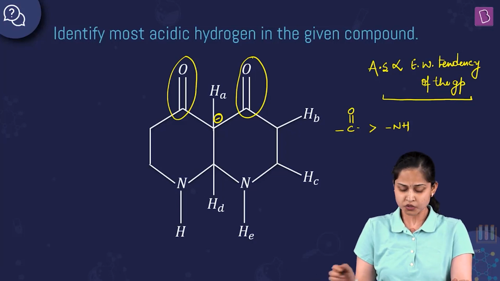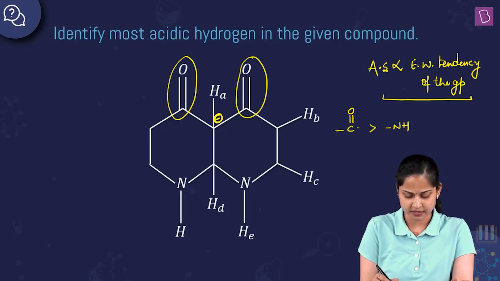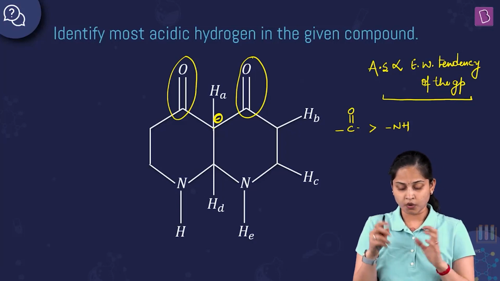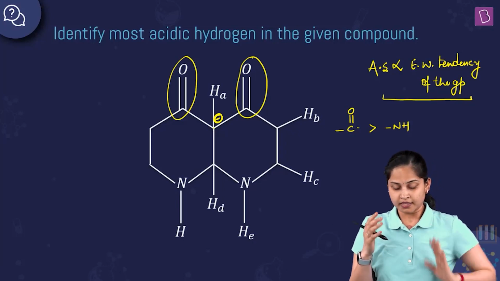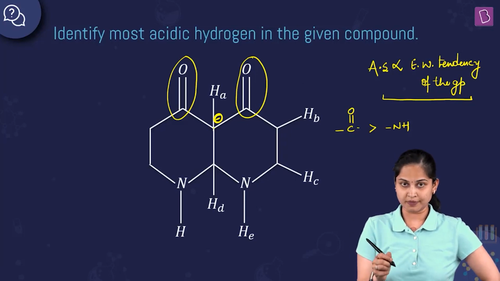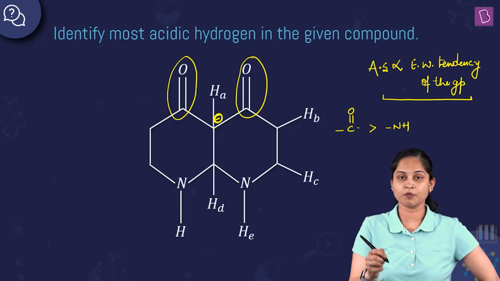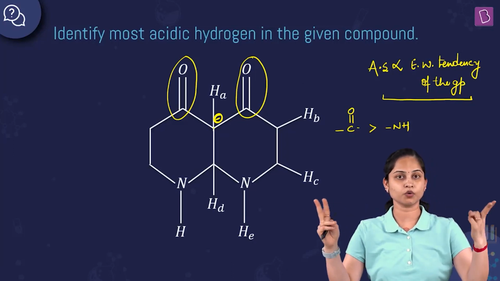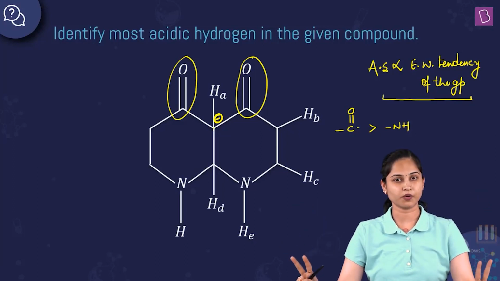Fine. So over here there is a negative charge present on this carbon atom, and there will be interaction between the negative charge present on the carbon atom and C double bond O group. On both the sides, we have C double bond O group having the higher electron withdrawing tendency.